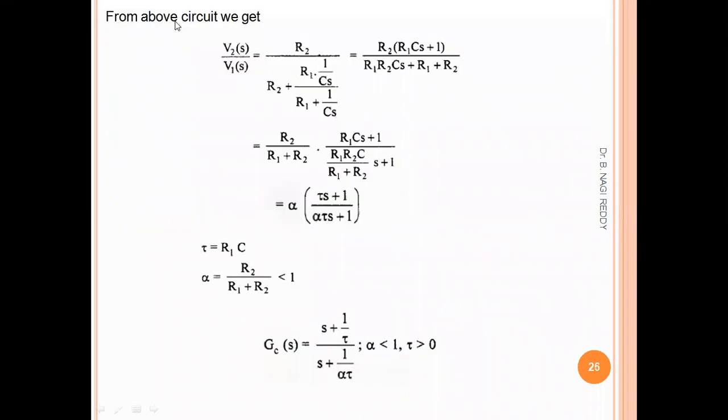From that circuit, we can use KVL, KCL, the current division rule or the voltage division rule. Anything you can use, you will get equations like this. V2 of S by V1 of S is equal to R2 by R2 plus R1 into 1 by CS by R1 plus 1 by CS.